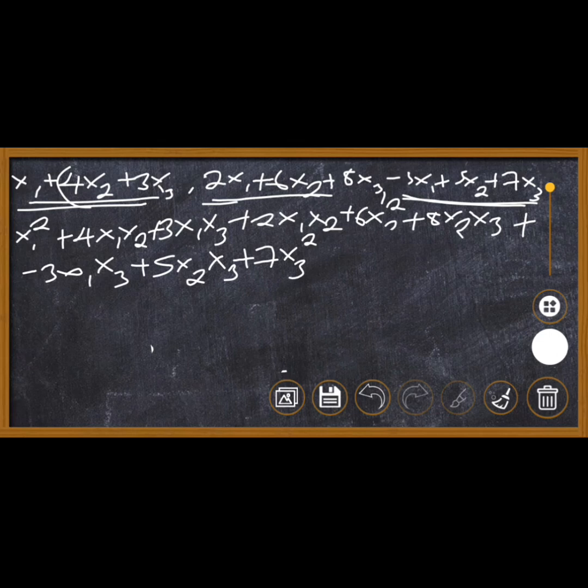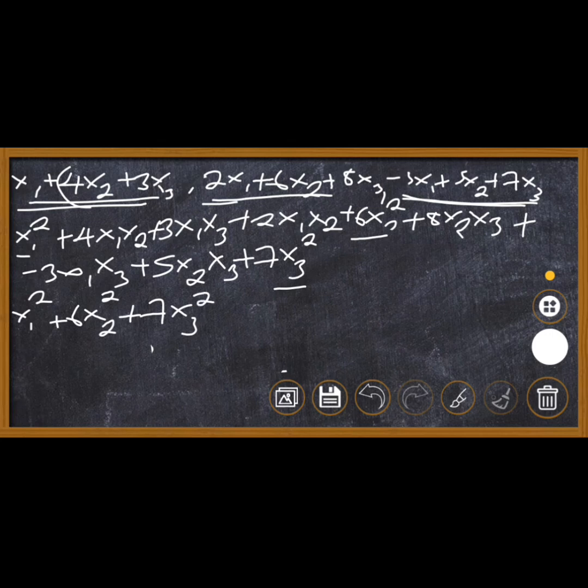We have to simplify it and then write it in quadratic form. Whatever has squared will be on the left side. So this one has squared, this one has squared, and this one has squared. So we are going to have x1 squared added to 6x2 squared, then added to 7x3 squared.